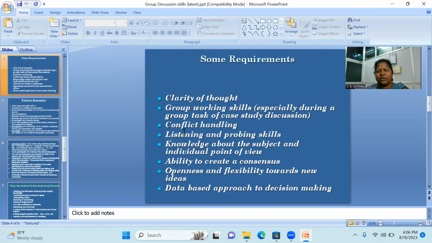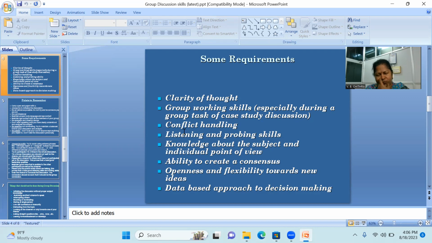Otherwise, if a person is not accepting of anyone and behaves like a dogmatic person, he will not have good friends and will not fit in a teamwork. So always have open-mindedness, and be flexible towards new ideas.